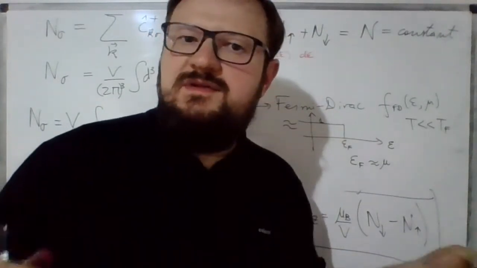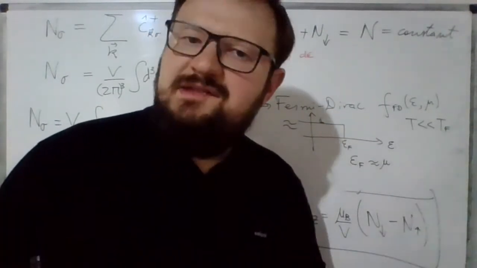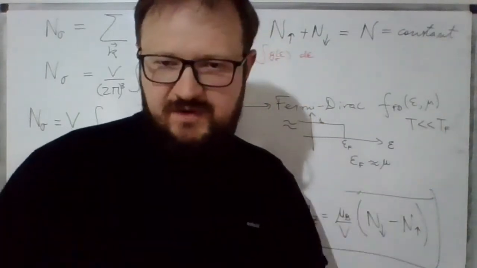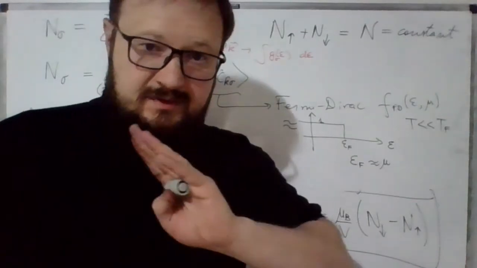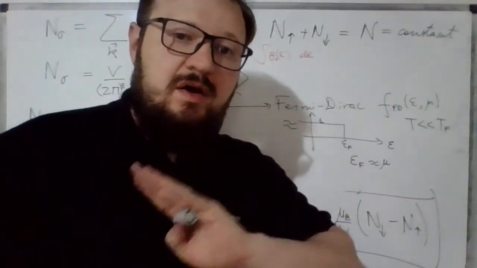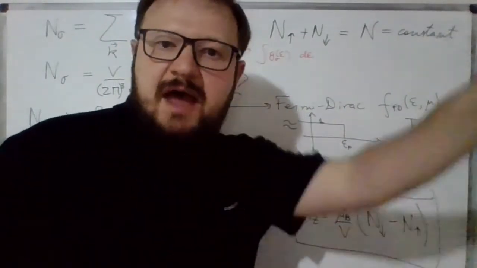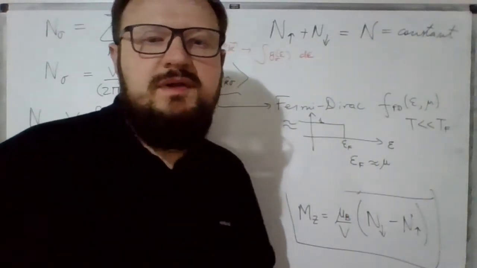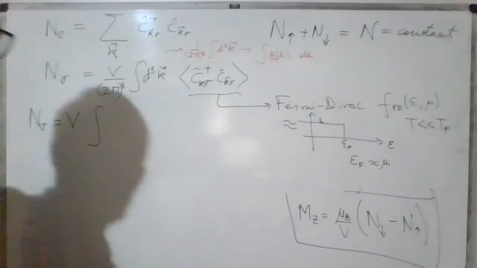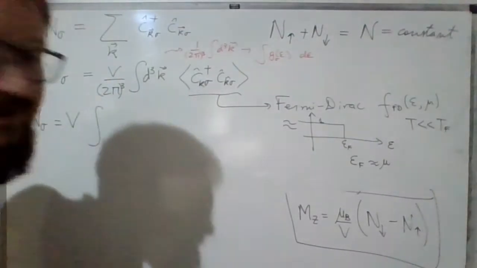In the case of the free fermion gas, it is an approximation: the density of states doesn't depend on the direction in k space, so it is spherically symmetric.